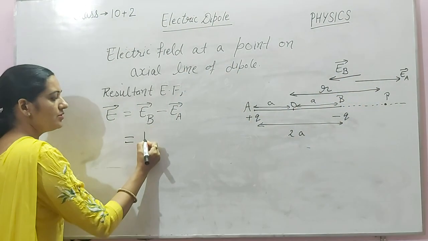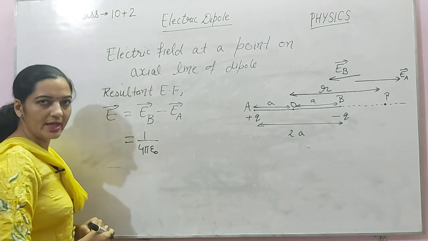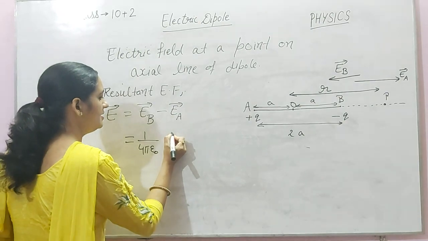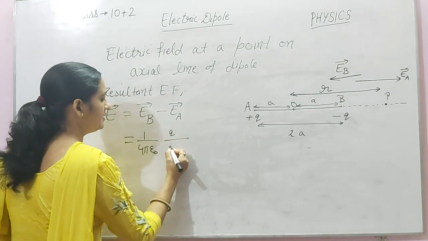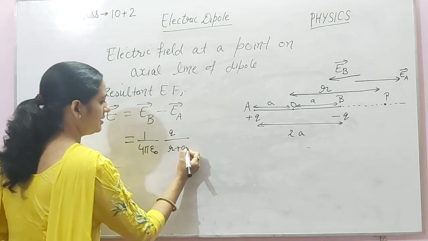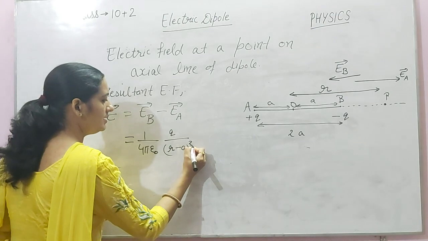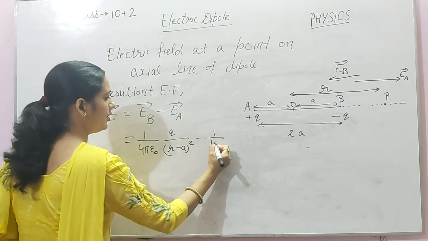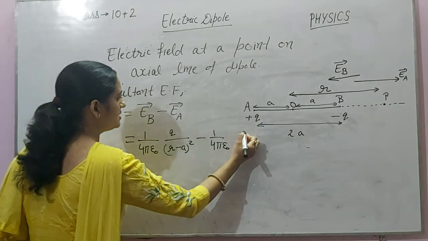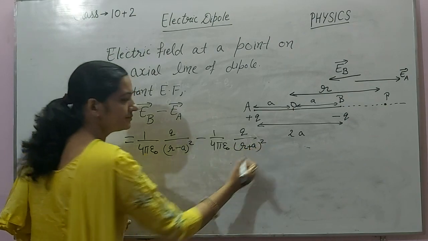Now put the values of EB and EA, we get 1 upon 4 pi epsilon naught Q upon (R minus A) whole square minus 1 upon 4 pi epsilon naught Q upon (R plus A) whole square.